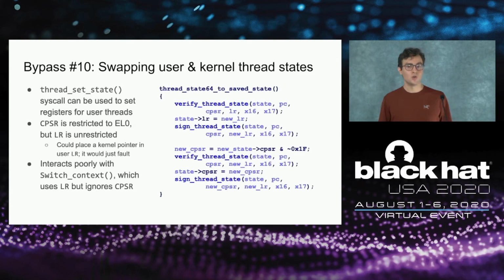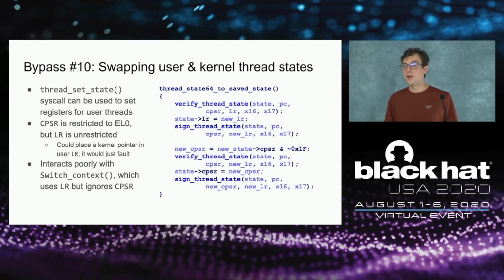And this actually brought me to what I think is the coolest PAC bypass of all, because it was the one that was staring me in the face the whole time, which is when you swap user and kernel thread states. If you remember from before, there is this function, system call thread set state, which basically allows a process to set the registers in a user space thread.